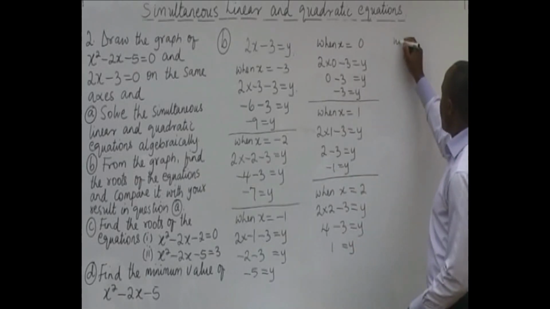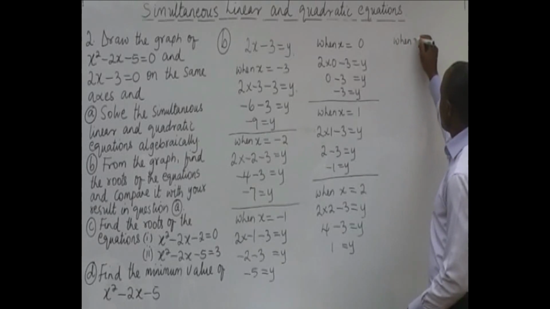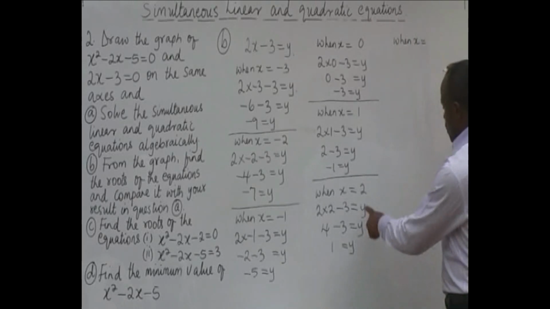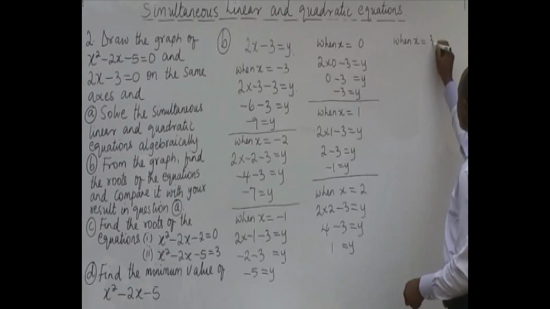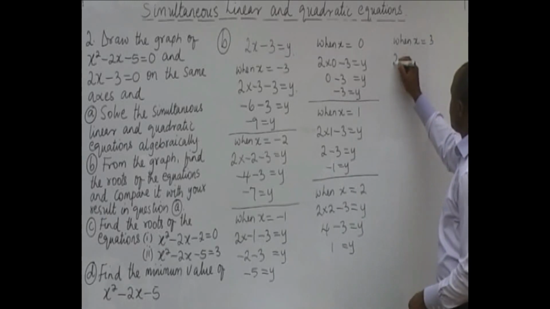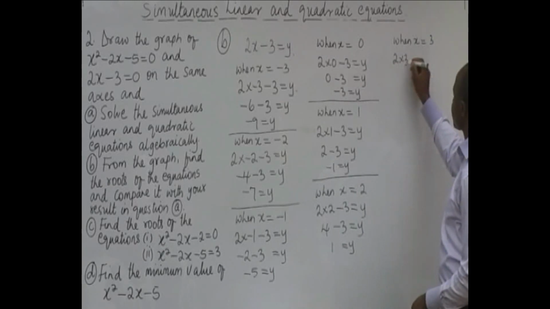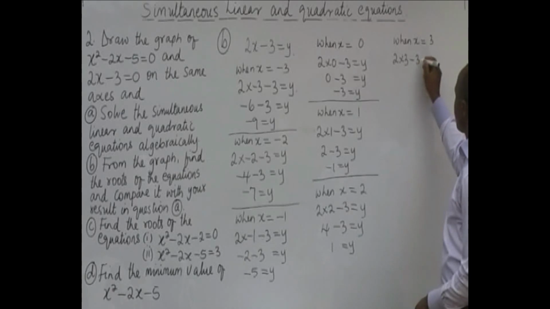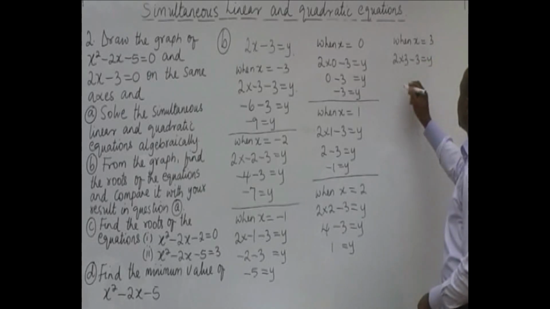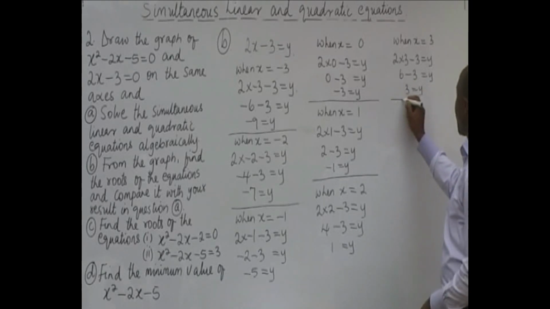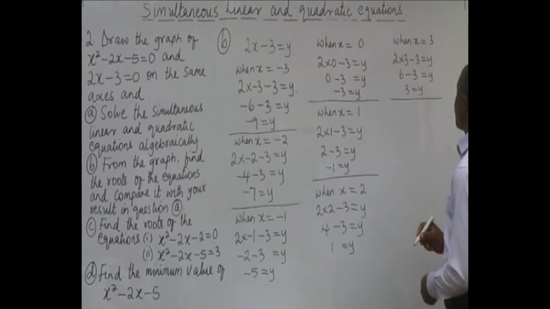The next is when x is equal to, after 2 you have 3. 2x becomes 2 times 3, then minus 3 is y. 2 times 3 is 6. We have 6 minus 3 is the value of y. That means 3 is the value of y at this point.